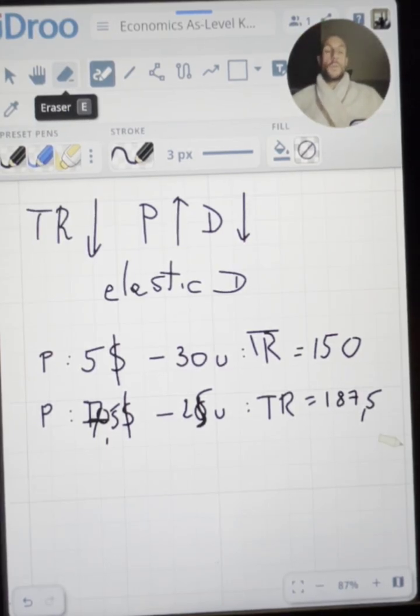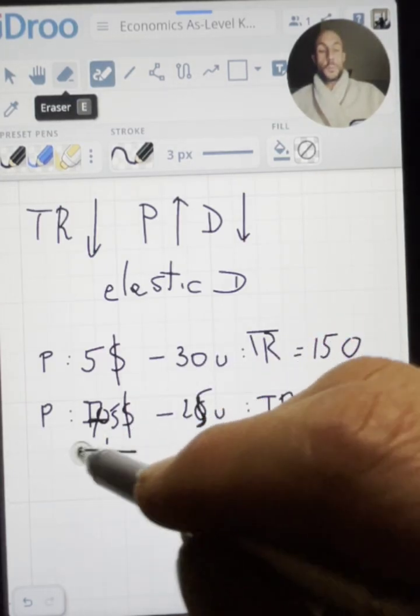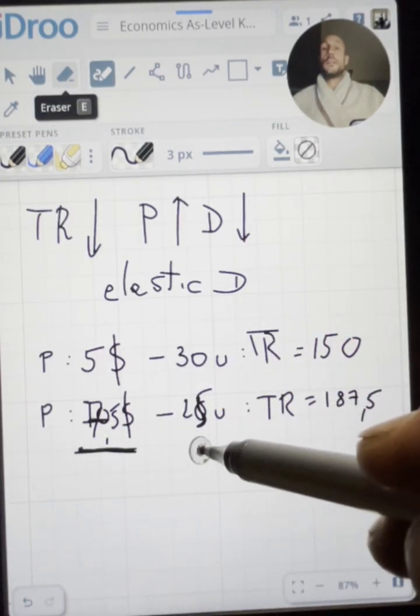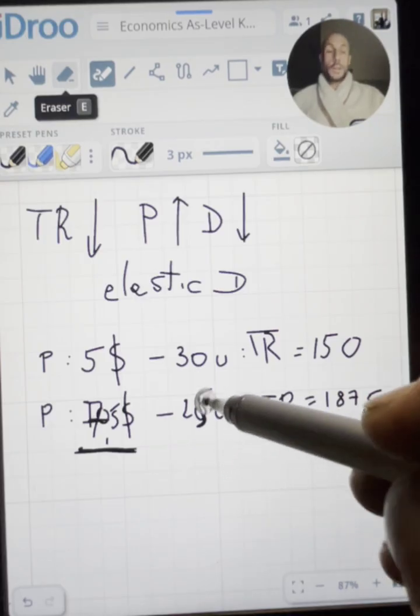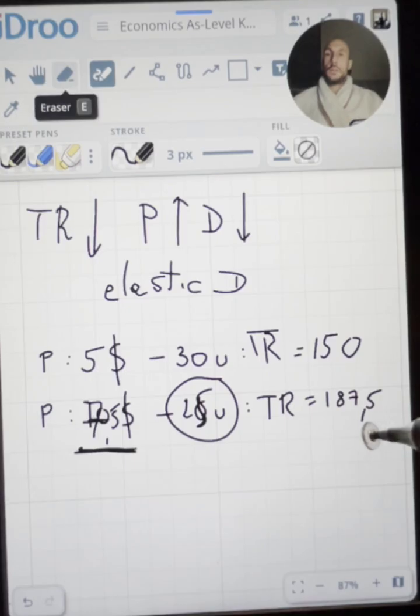What type of demand was it? You dropped a 50% price, but you didn't have a 50% drop in demand. You had a less than 50% drop. So by multiplying the two, your total income increases.